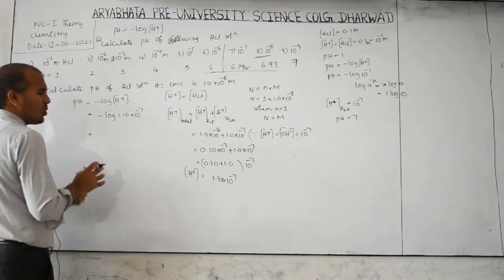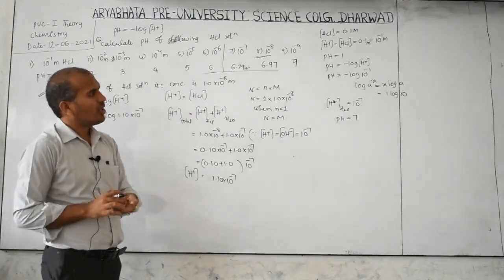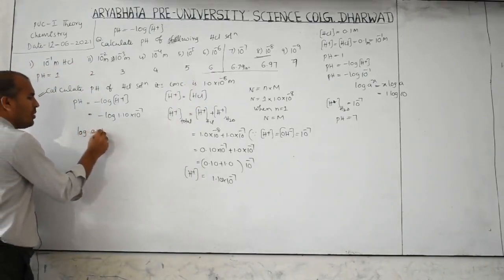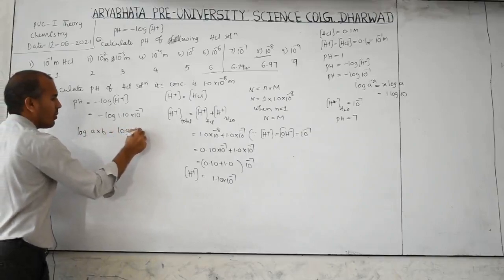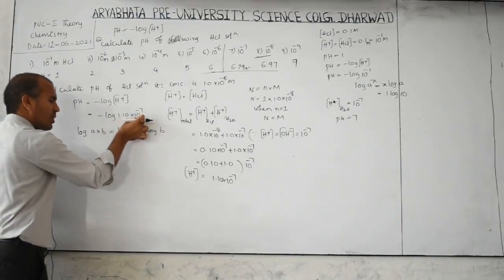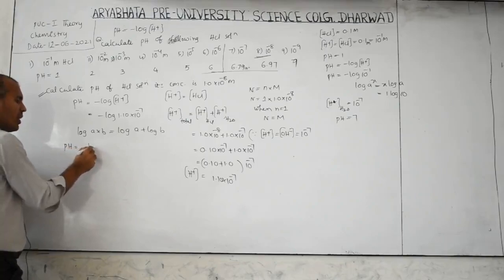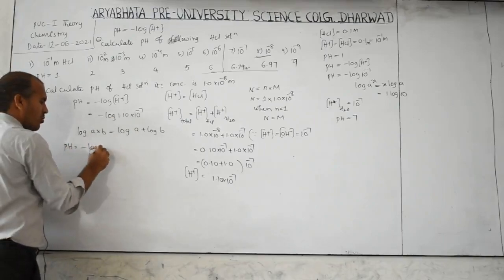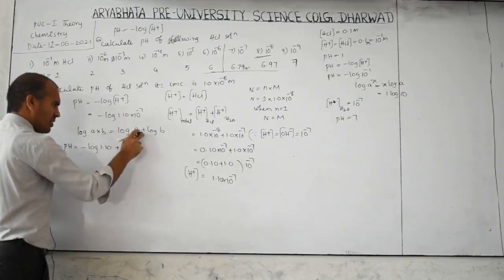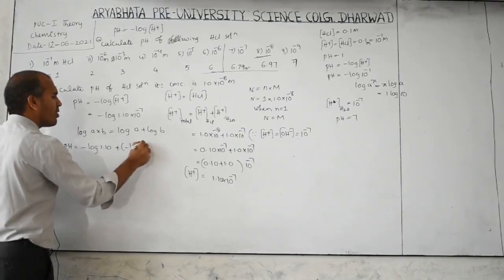How do we write this? This is in A into B form, and log of A into B is equal to log A plus log B. Therefore pH is equal to minus log of 1.10, plus minus log of 10 power minus 7.